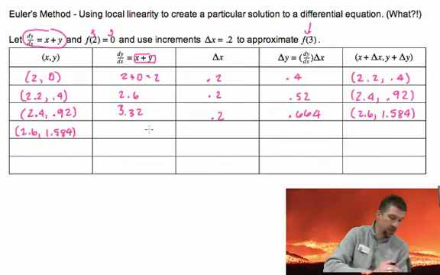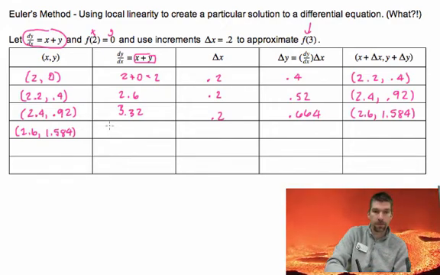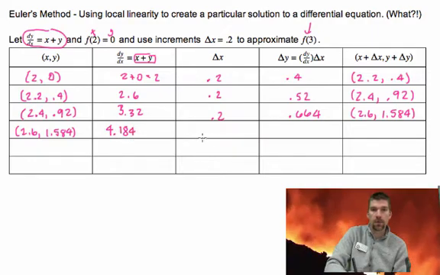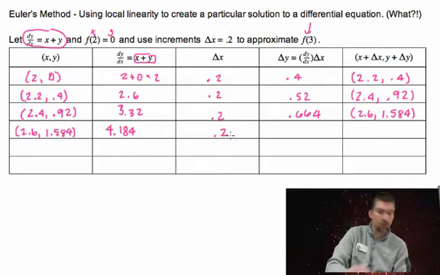I'm going to add those together and multiply by 0.2, which is 0.8368.